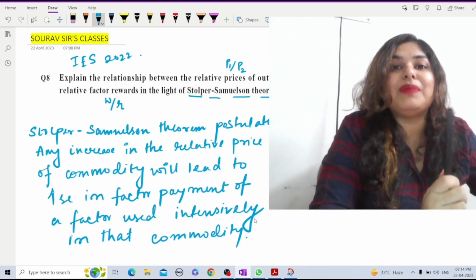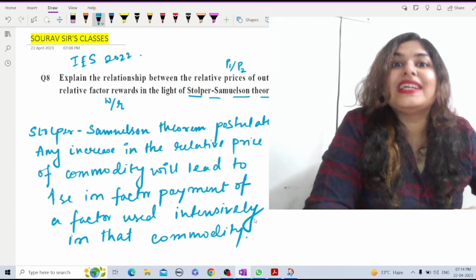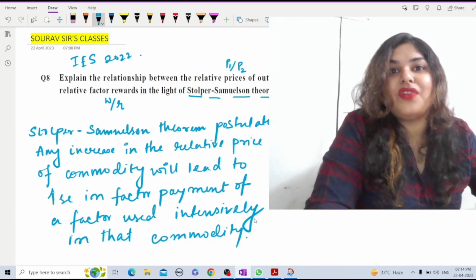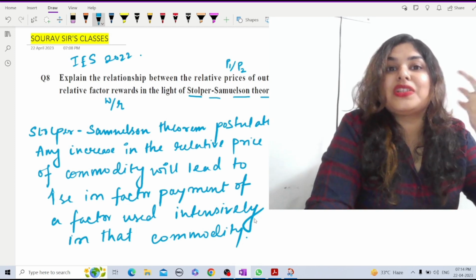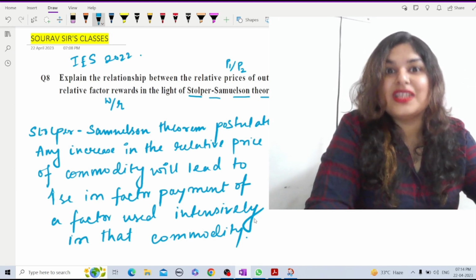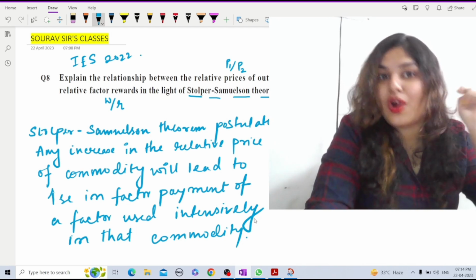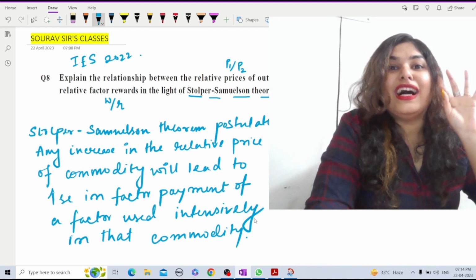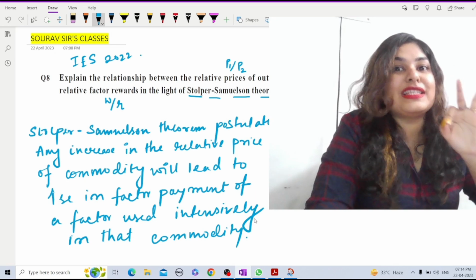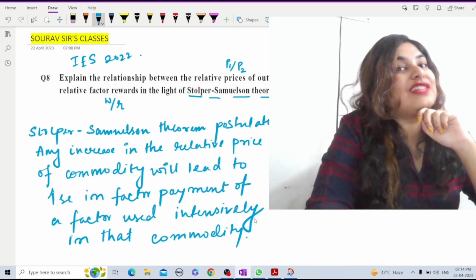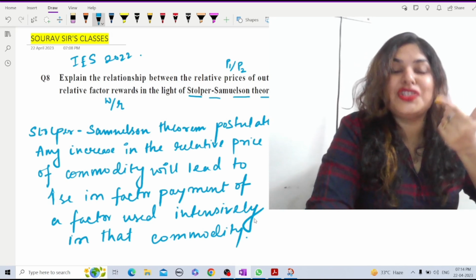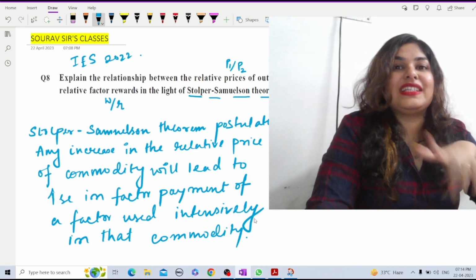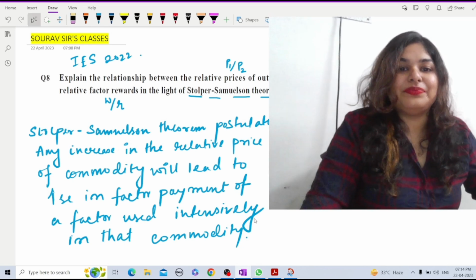So if P1 by P2, that is the price relative of X1, increases, that means P1 has increased. P1 is the price of the X1 commodity, and X1 is labor intensive, that means the wage should increase, as a result wage by rental rate should increase.